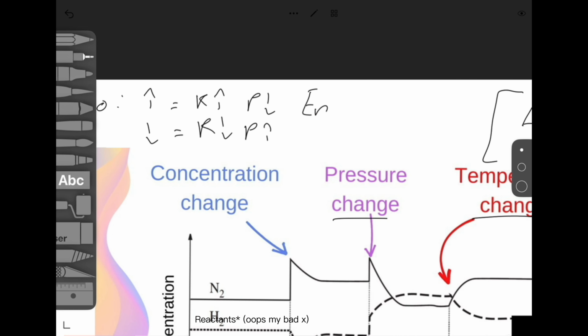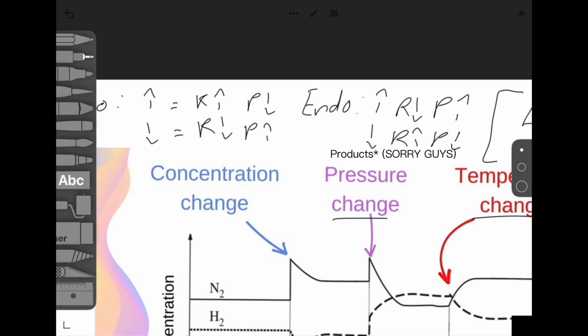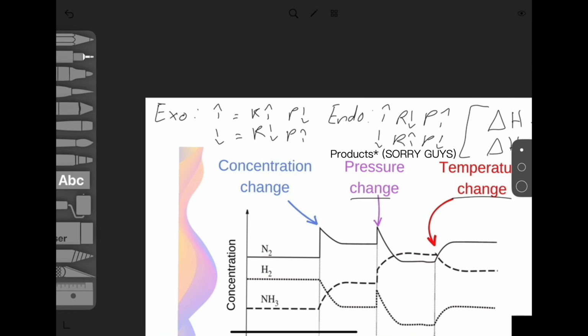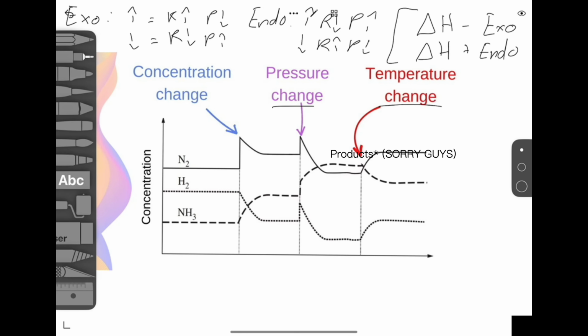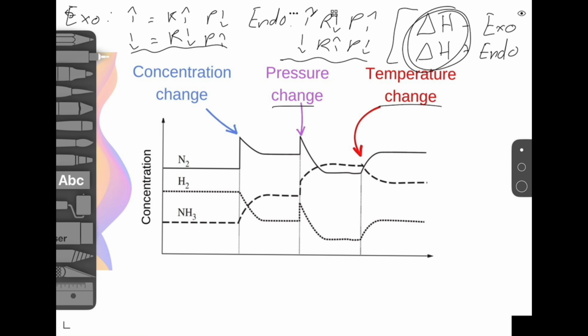However, if it is an endothermic reaction and your temperature goes up, your reactants would go down and your products would go up. And if the temperature went down, your reactants would go up and your products would go down. So this is another tip to remember, which will help you throughout the exam. It will show these on the exam, and it would state whether it is an exothermic or endothermic reaction, and you just have to figure out if it is a temperature increase or temperature decrease.